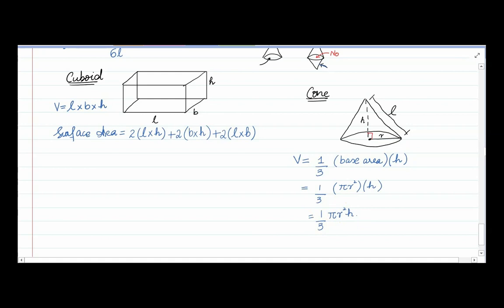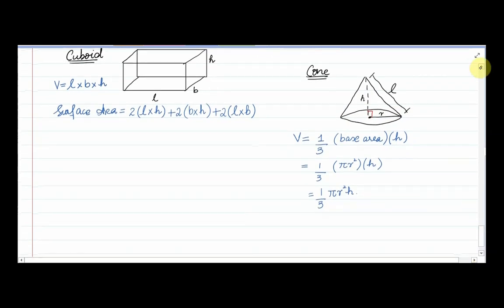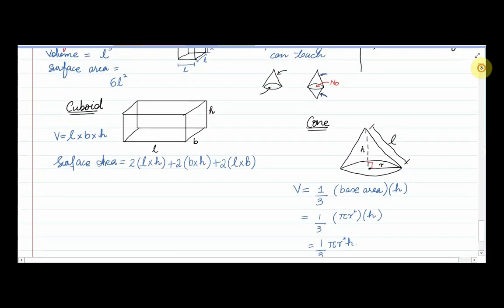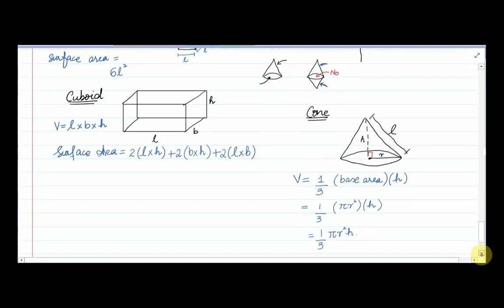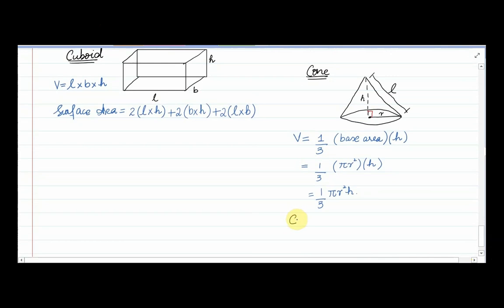Now since it covers the curved portion as well, it has a curved surface area. Before cone we did not study the curved surface area because these two shapes don't have any curved length, but the cone has the curved length. That is why we need to study the curved surface area.